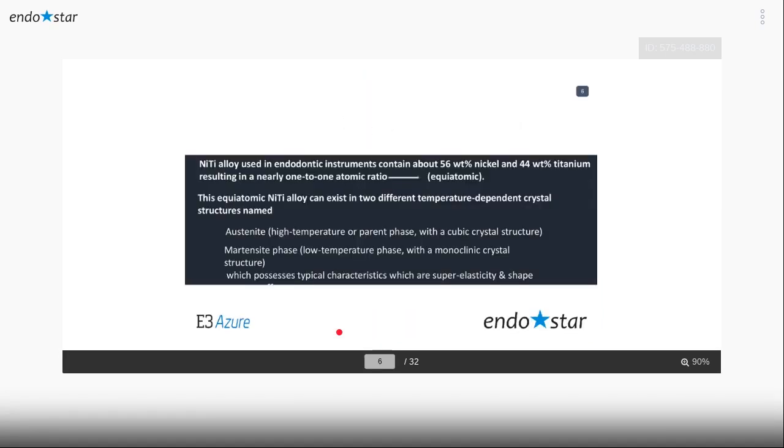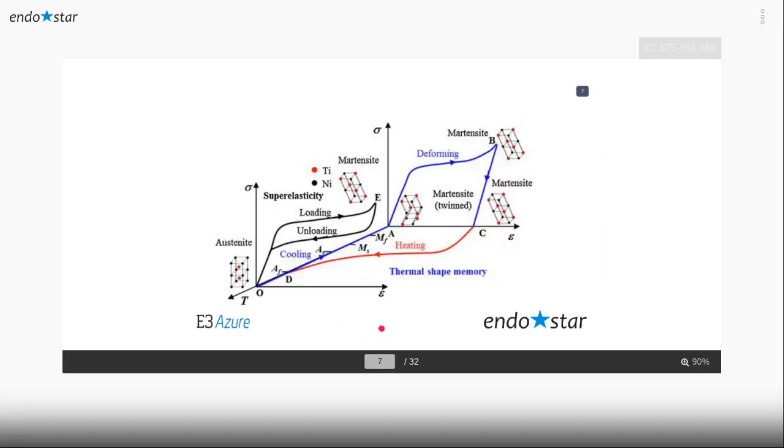When you are in this phase, you have superior stress resistance in the martensitic. It twins and detwins back again and changes in the matrix. And these properties come from the matrix, the crystal structure of the martensitic phase, which gives it these properties.